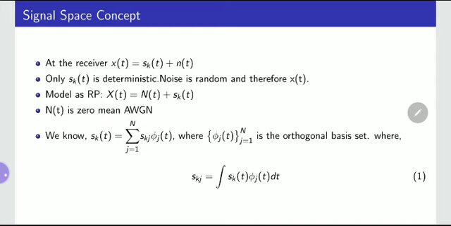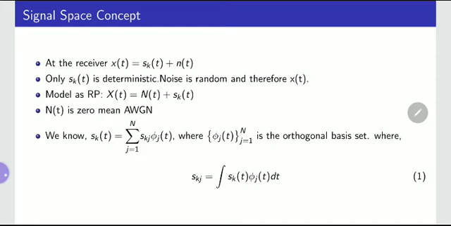Here what you have to understand is that the signal s_k(t) is deterministic. We know a priori which messages are mapped to this s_k(t). We have capital M messages, and each message will be mapped to one finite energy signal s_k(t). So s_k(t) is deterministic, and n(t) is random, or probabilistic.